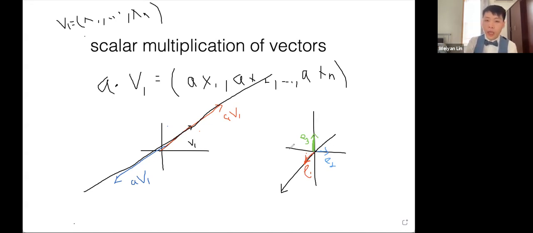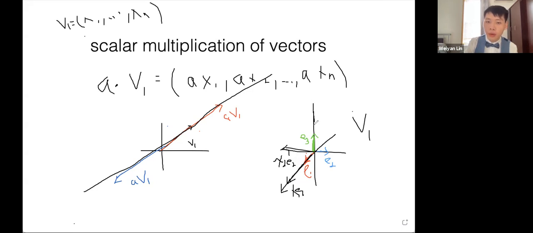So as you can see, for any vector, let's say V1, you elongate E1 by scalar multiplication. So here, X1 E1. And then you elongate or take the opposite of E2. This is your X2 E2.